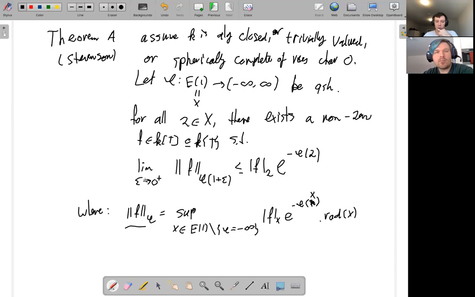I'm not too sure, to be honest, about why exactly you need this, but apparently you do. And then the claim is that if you start from a z, which is the input along with this function phi, then you can find a polynomial f such that if you evaluate f in z, which is essentially what this does, and you twist a little bit by this phi, this is an upper bound for the norm of the polynomial you found under this norm. Now this looks like a technical statement, and it is, I think.